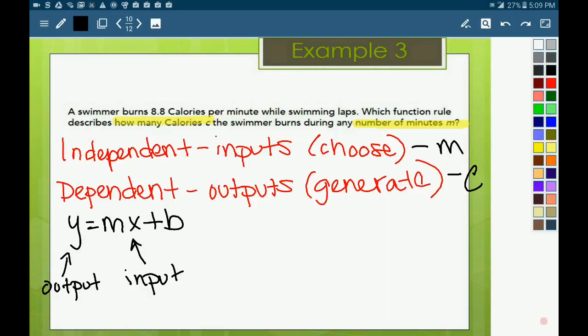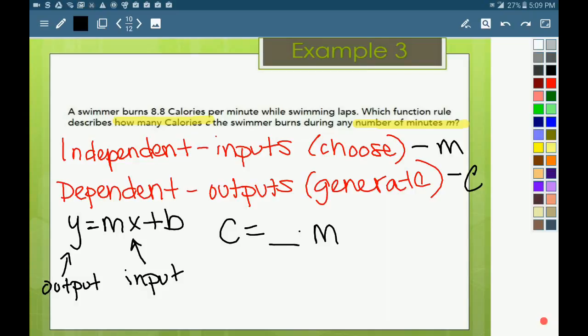So instead of y, I'm going to write c. I still need to find my slope, or my rate of change, m, and then my x is actually going to be m as well. So I'm not going to write m times m. I'm going to write, let's see, we need to find our slope, I'm going to put a blank, and then we need to times it by m.